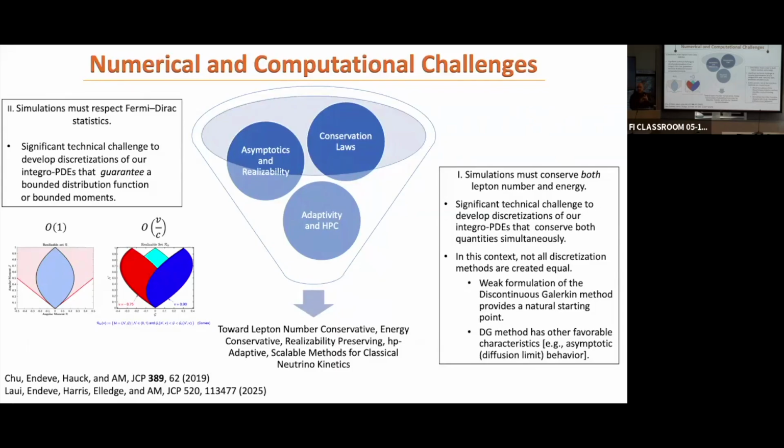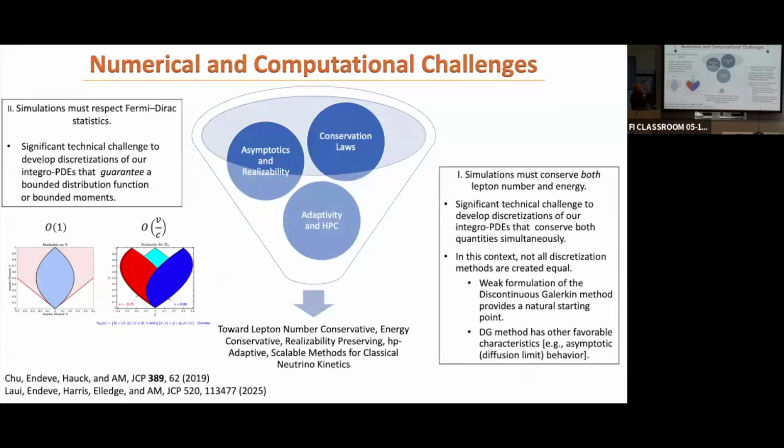Well, first of all, neutrinos are leptons, and we have lepton number conservation. So we can't just conserve energy, we have to conserve number, lepton number to be specific. If you have to conserve two quantities like number and energy, whose measures of integration when integrating over the distribution function look like E squared dE versus E cubed dE, good luck trying to find a discretization in a naive way that will conserve both.